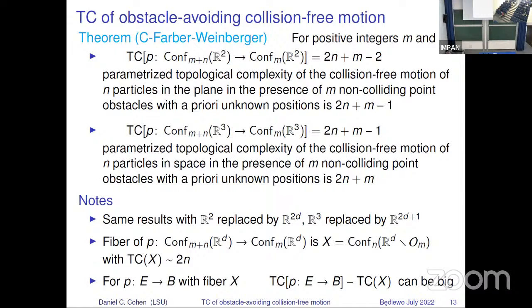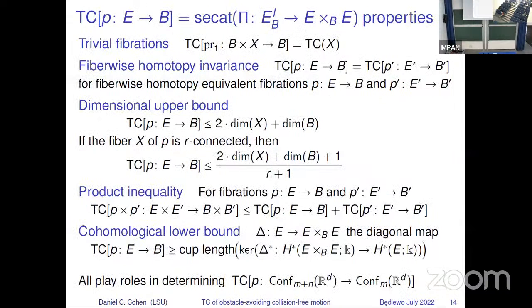But a point being is that the parameterized complexity can be significantly bigger than the complexity of just the fiber. Okay. So here are some properties. Again, this is an example of a categorical invariant. It's the sectional category of this path space fibration that I mentioned.